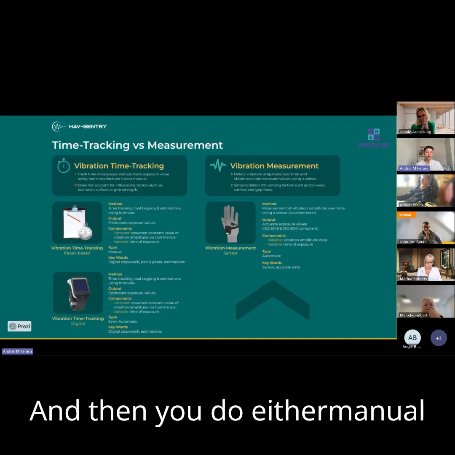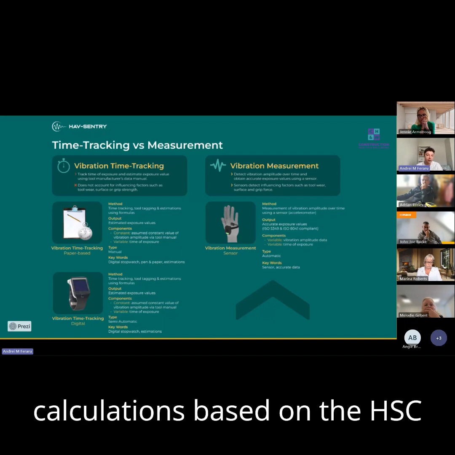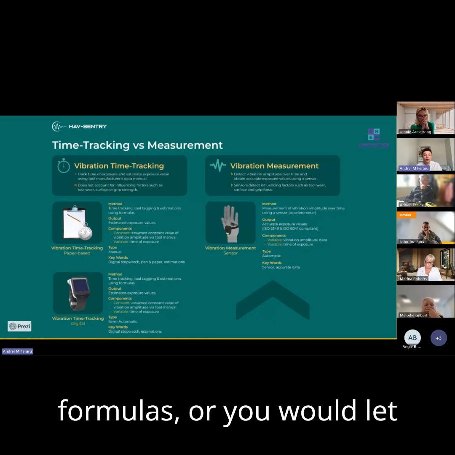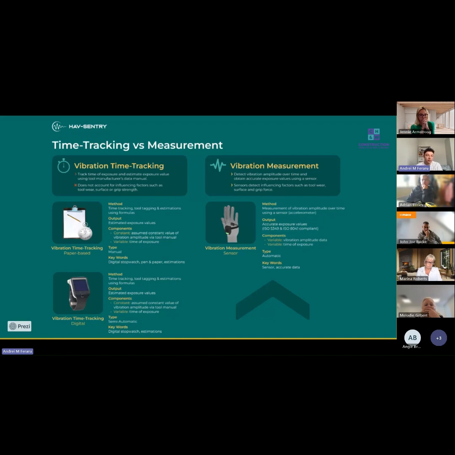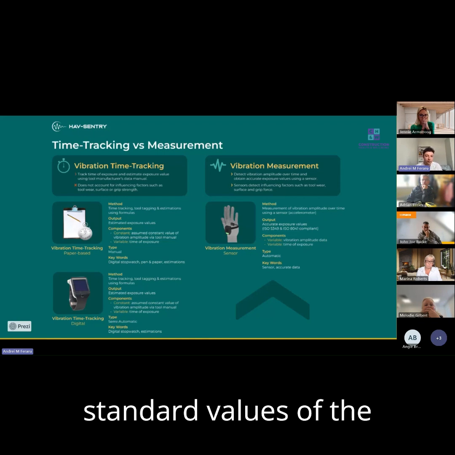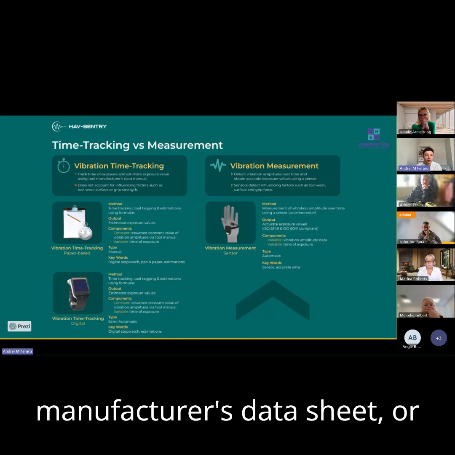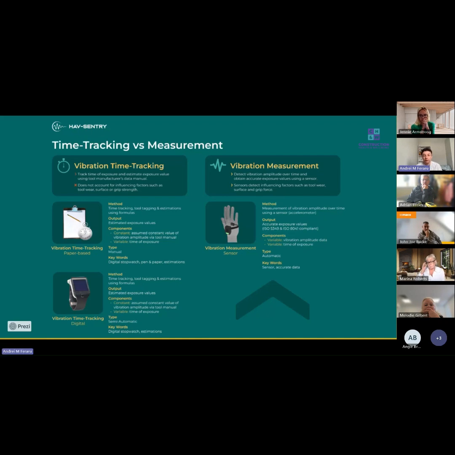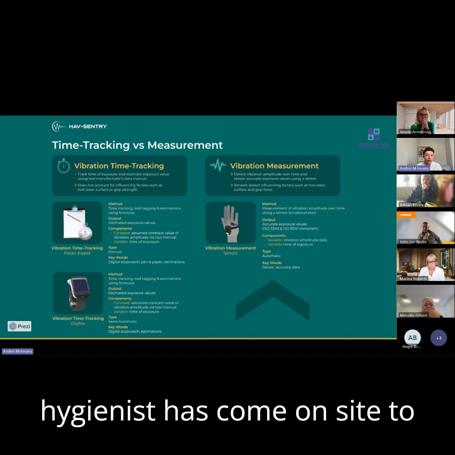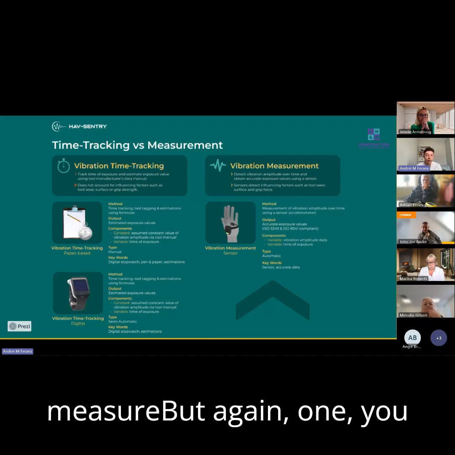And then you do either manual calculations based on the HSE calculator and the A(8) formulas, or you let an automated calculation be done on standard values from the manufacturer's datasheet, or in the best case scenario, values that an occupational hygienist has come on site to measure.